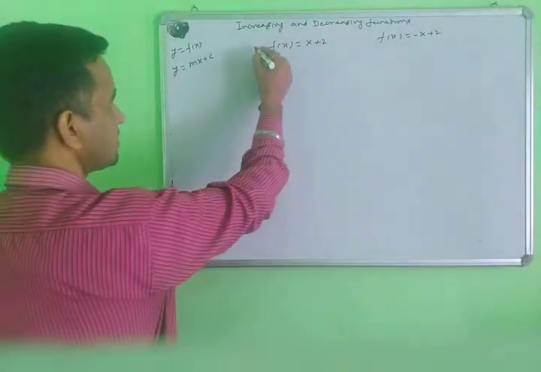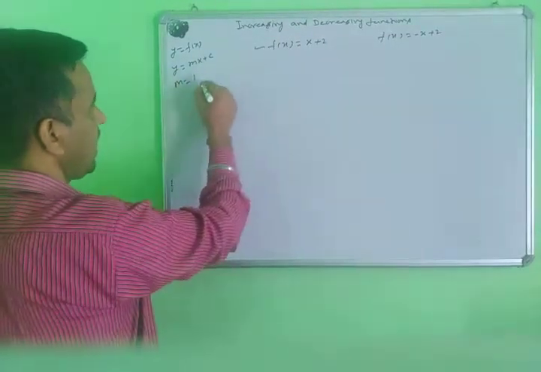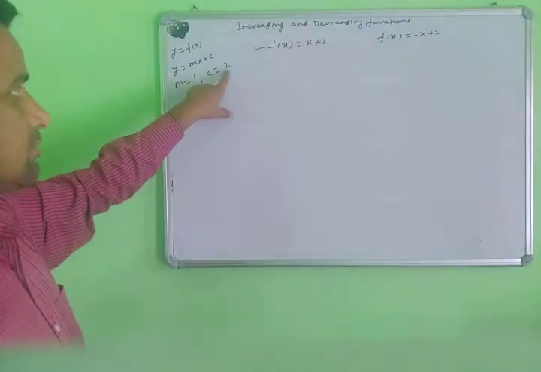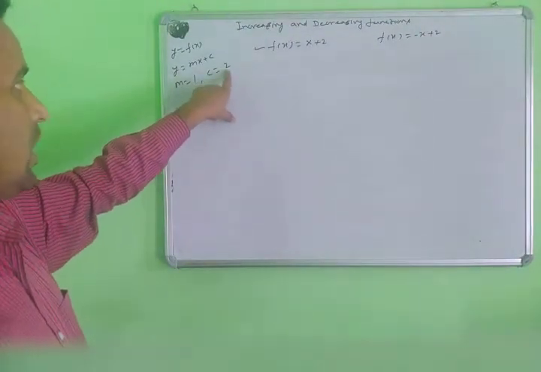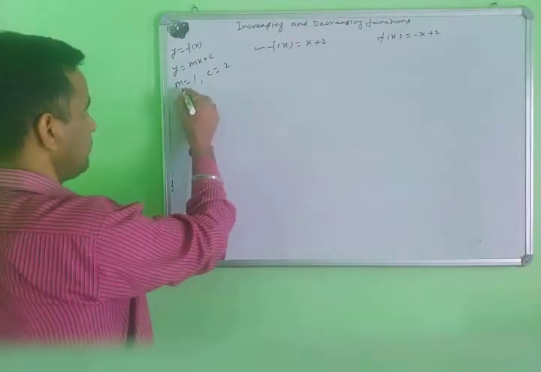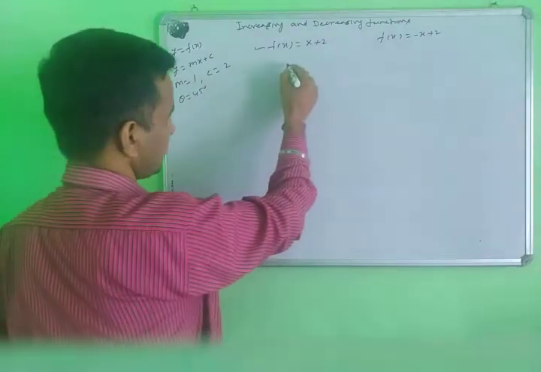In the first condition, m is positive 1 and c is 2. The intercept on the y-axis is 2 and the slope is 1, so the angle theta is 45 degrees, you know. Now draw the graph here.